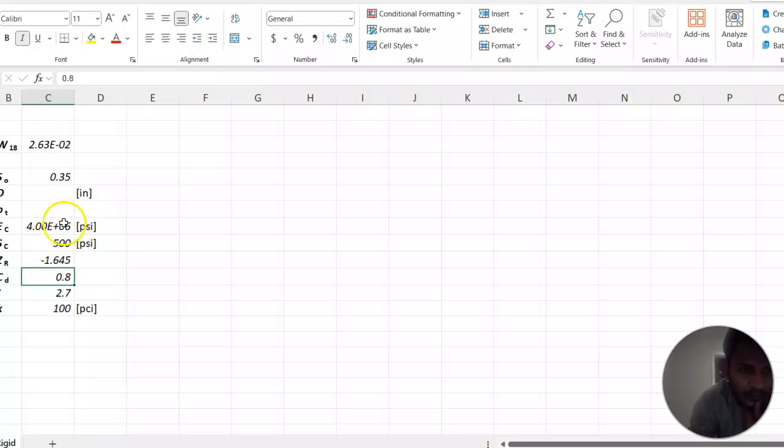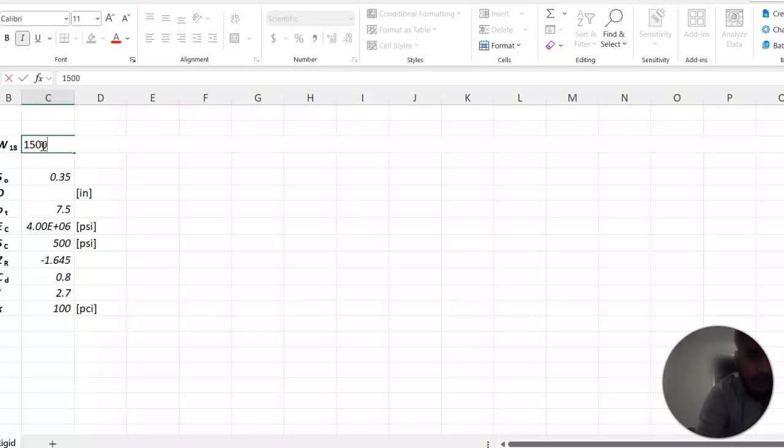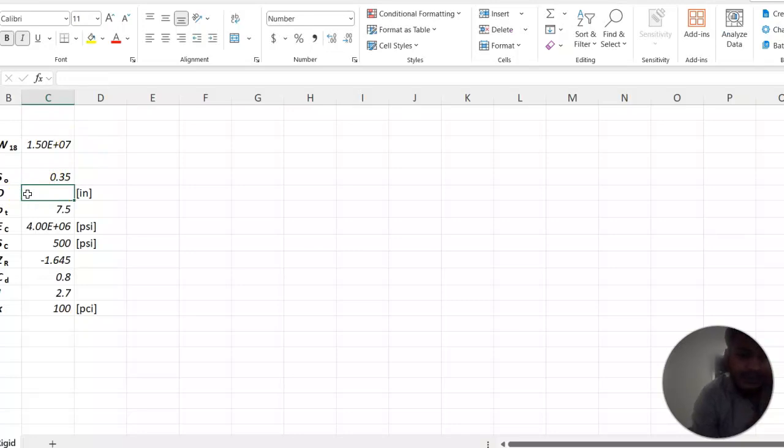Then for PT, let me take 7.5 and find what the answer will be. So we are taking 7.5. Then we have W18, which is 15 million, 1.50E+07. So we get the answer D is 9.56 inches, which is approximately equal to 10 inches.